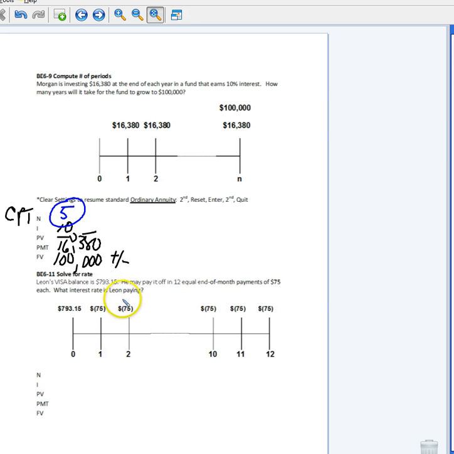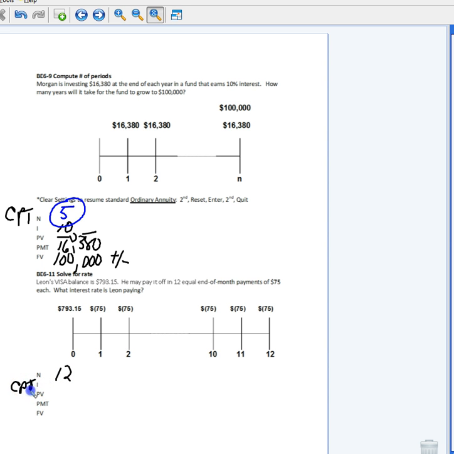Then we can also calculate interest. On this one, we have $793.15 today. We need to be able to make payments from that of $75 for 12 years. What kind of interest rate would we need? So N is 12. We're going to compute the effective interest rate on that loan.